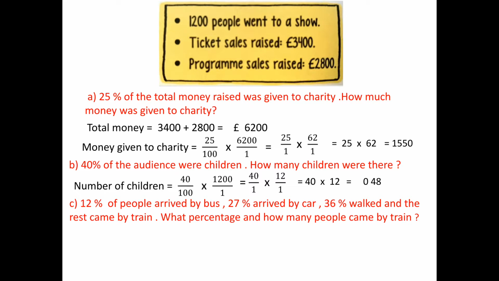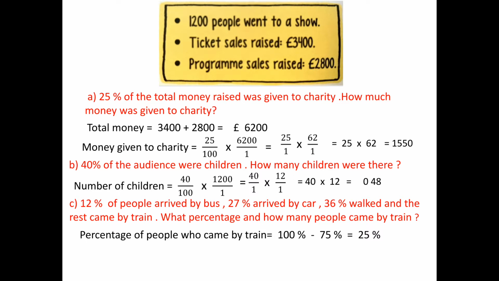So to get the percentage of people who came by train, I'm going to make 100% minus all of what I have. When you add the 12% and 27% and 36%, you will get 75%. So I will make 100% minus 75%. It will give you 25%.